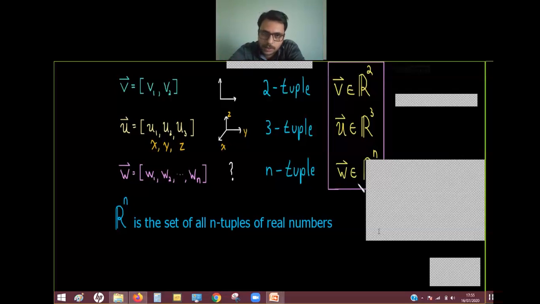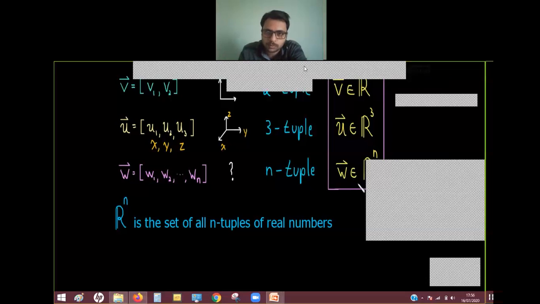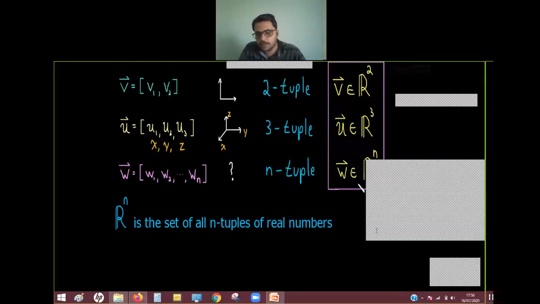Because R2 is a set of all two tuples, and out of which one is V1, V2, which is represented by vector V. Since V is just one of all the sets, one component of that set, hence we can say that V must be in R2. Please confirm in the chat box whether you have understood this point.